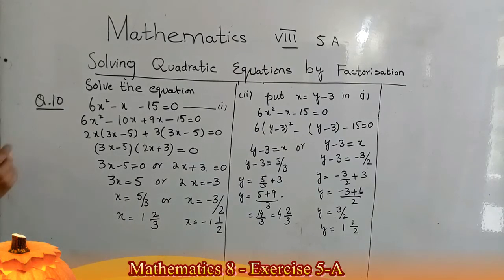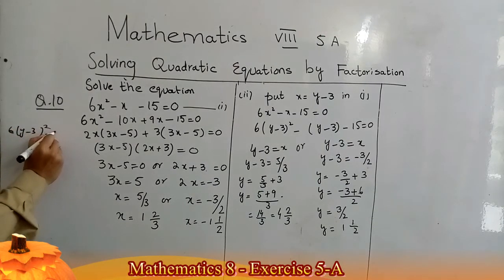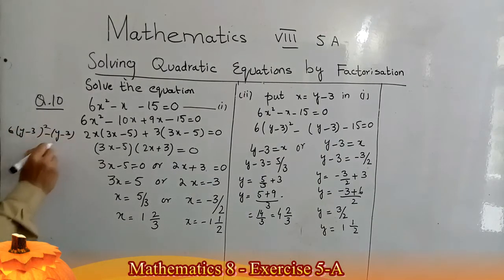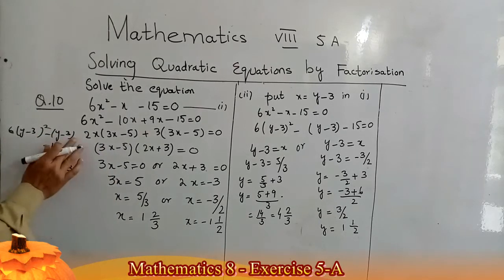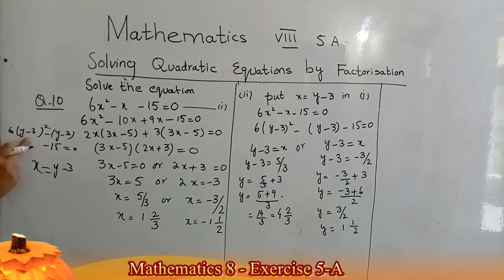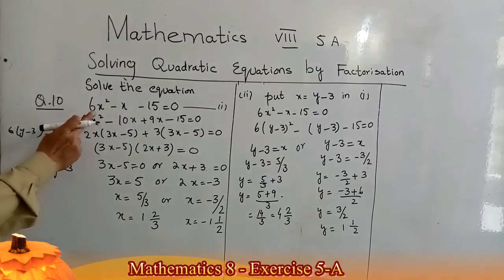Next part is we have to solve this equation. Part 2, we have to solve this equation. For this I put x is equal to y minus 3 in equation number 1. In order to form this equation, I will put x is equal to y minus 3 in equation number 1.